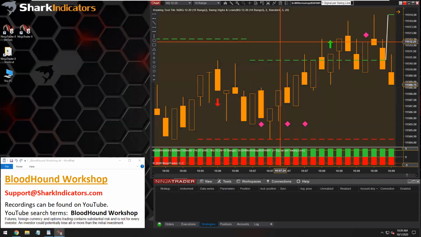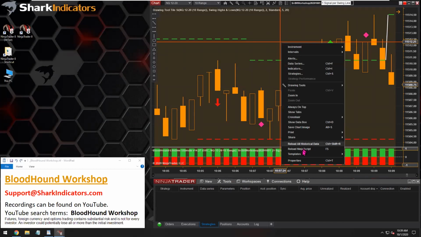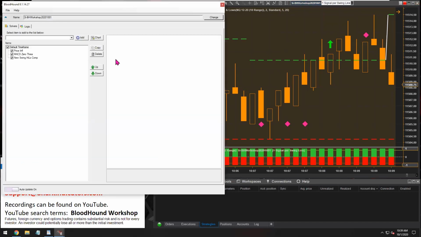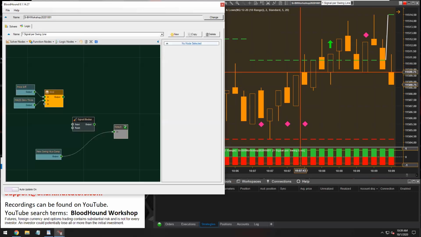That's all I did, I just hit F5 on my chart to reload it, and now it's all going to work again. We're not sure what's going on. Our only guess is NinjaTrader changed something a while back, and it started creating this error message. But simply reloading the chart fixes it 100% of the time.